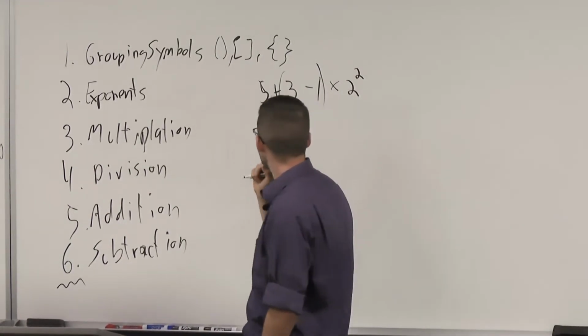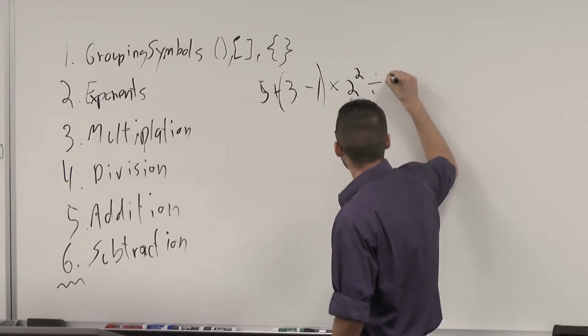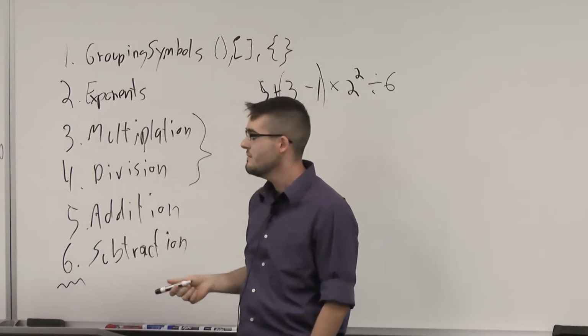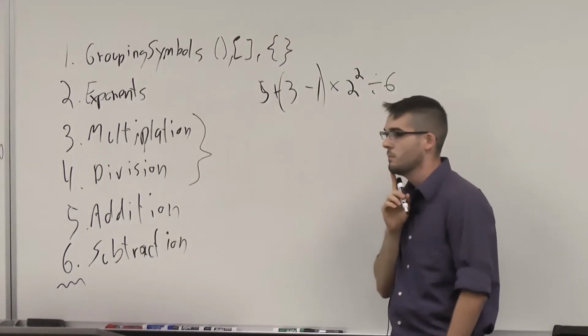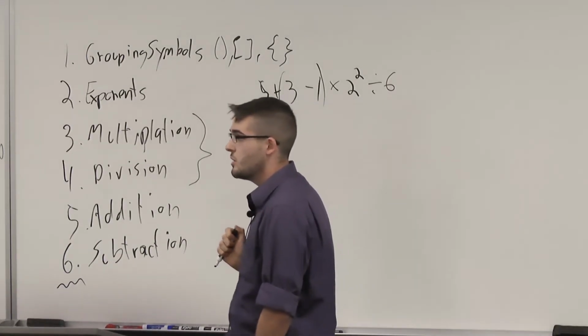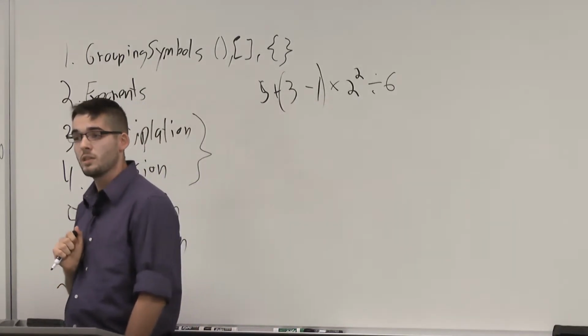So the next step here is kind of interesting because we have multiplication and division. And these are actually going to be performed simultaneously, even though they are 2 different steps in what I've given you. Based upon the relationship between multiplication and division, could anybody maybe offer me a reason why this might be?